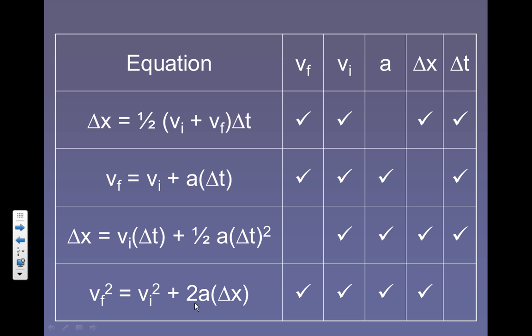So each equation has 4 variables, and that means that our magic number really is 3. We have to know 3 pieces of information about the motion that we're trying to analyze in order to find a 4th one. And then how we find that 4th one is dictated by which equation we are going to use. And we'll figure that out here in just a second.